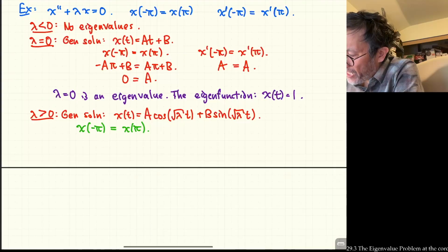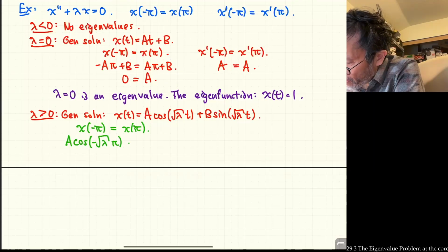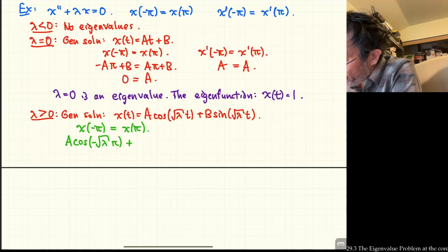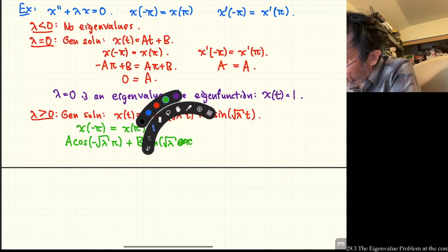But if I plug in negative pi, I get a cosine of negative square root of lambda times pi plus b sine of square root of lambda times negative pi. Oh, I should put the negative out front. Negative here, pi right there.